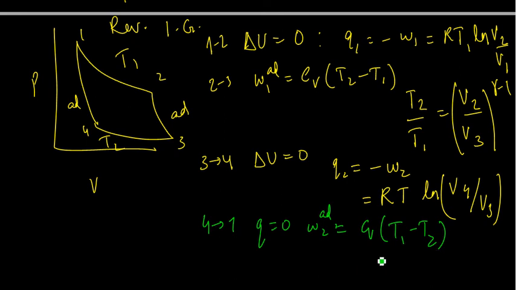And over here again I have this equation: T1 by T2 is equal to V4 by V1 to the power gamma minus 1. That's correct? Yeah. So I have all these equations over here. Do some substitution. I know what is Q2, I know what is Q1, I know the total work. Let's calculate the efficiency.